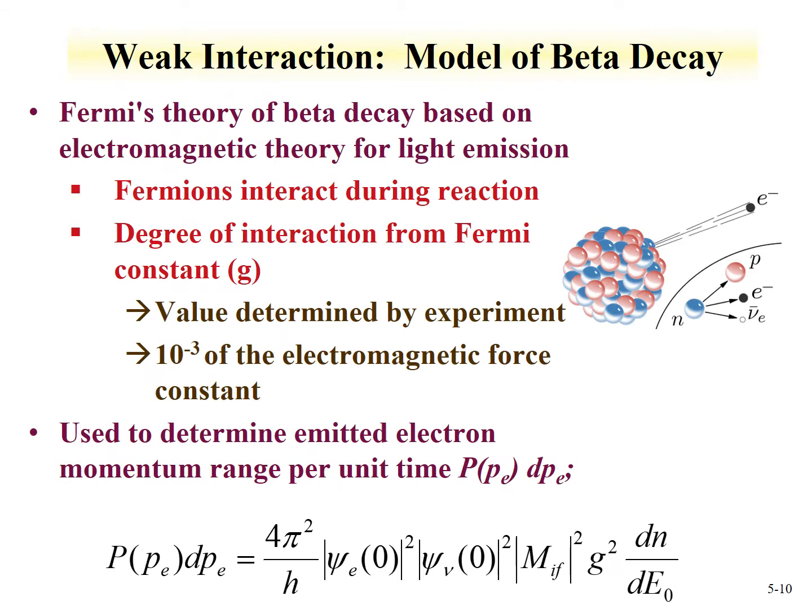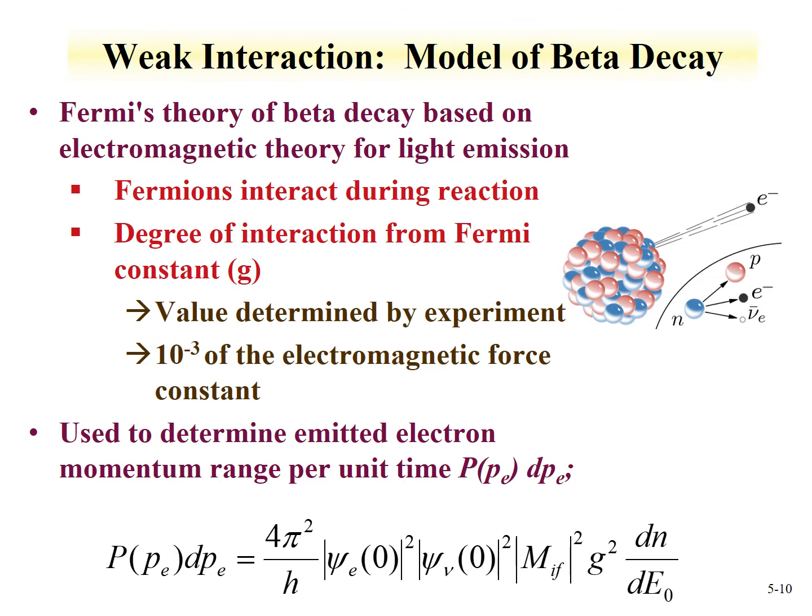Beta decay can be modeled based upon the weak force. So this weak interaction is what Fermi used, and he based it upon the electromagnetic theory for light emission. And fundamentally, you have fermions interacting during the reaction. An example is shown here, a neutron going to a proton, electron, and antineutrino. And this degree of interaction can actually be evaluated by something called the Fermi constant.